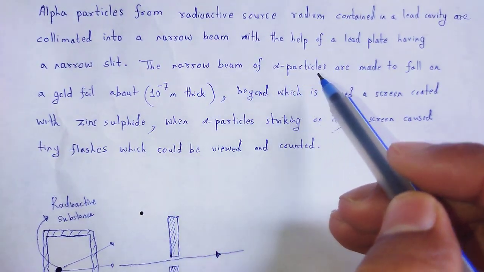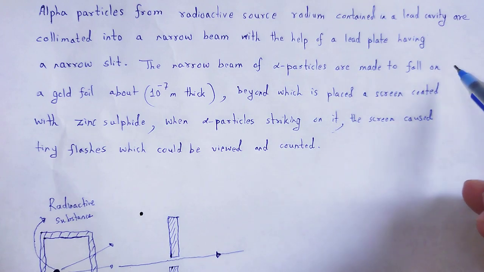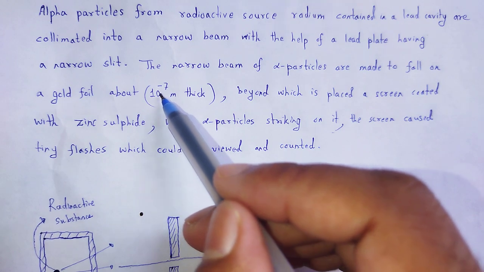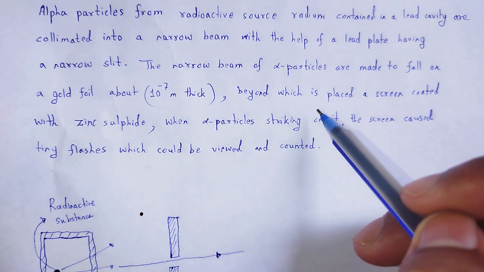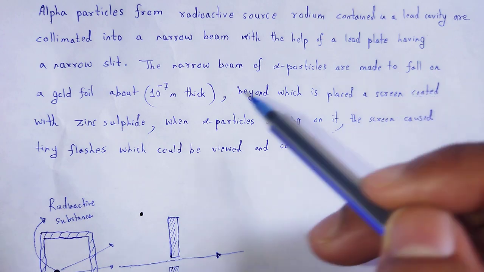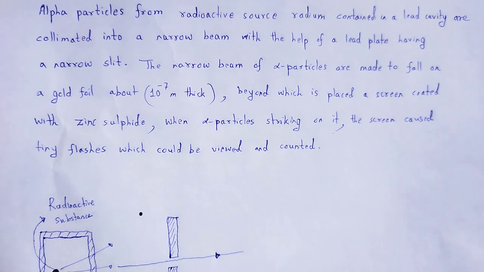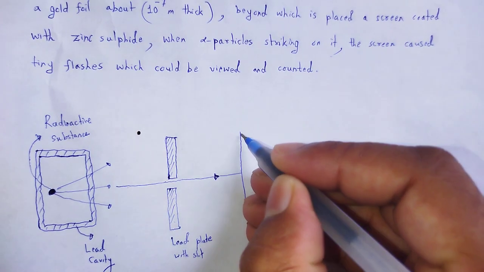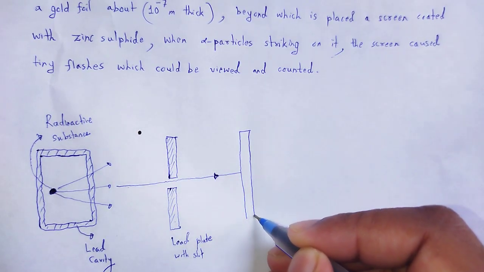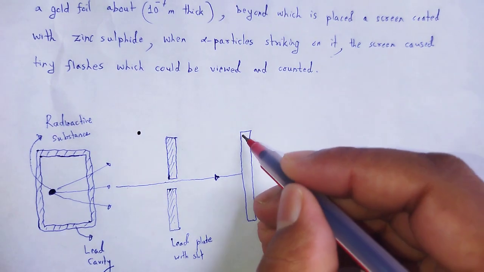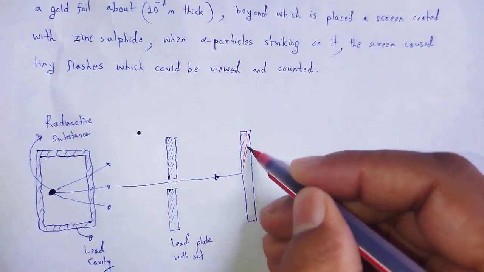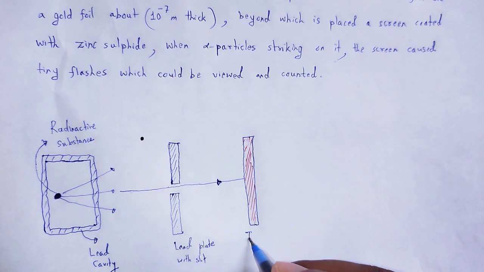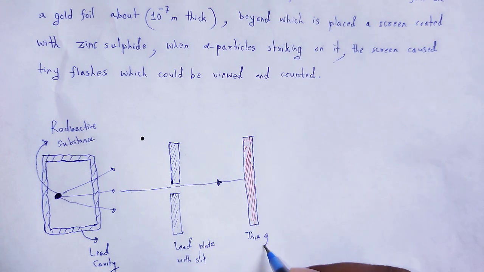The narrow beam of alpha particles is made to fall on a gold foil, about 10 to the power minus 7 meter thick, beyond which is placed a screen. That screen is coated with zinc sulphide. Here we place a thin gold foil.